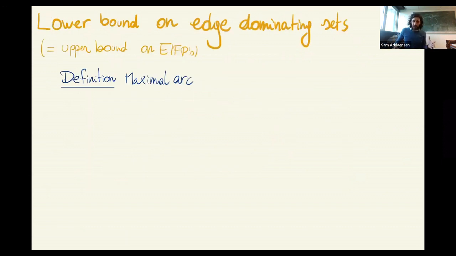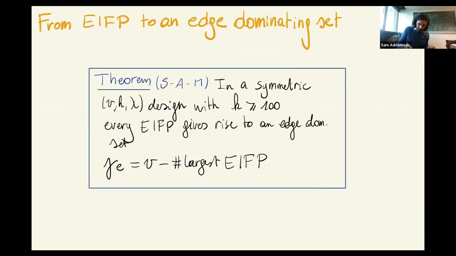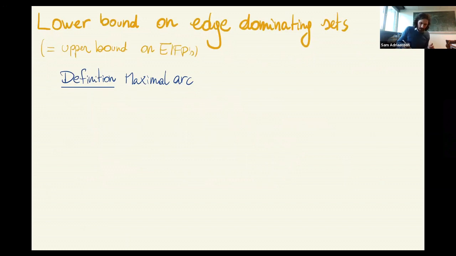There's a proposition by Willem Haemers which characterizes the largest possible equinumerous incidence-free pairs. Because if you want a lower bound on your edge domination number, then you want an upper bound on the size of an equinumerous incidence-free pair. And they are attained by what are called maximal arcs.